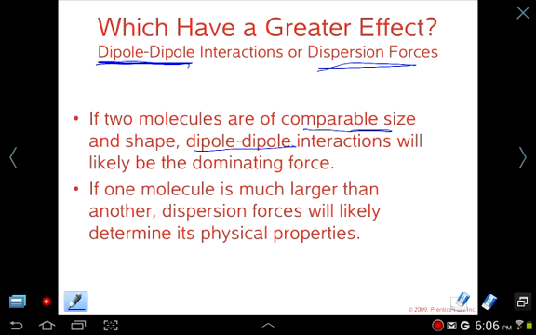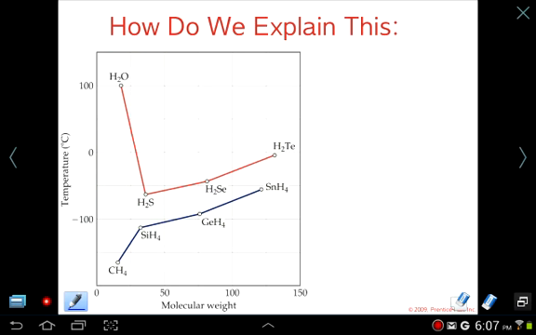If one molecule is much larger than the other, then dispersion forces will likely determine the strength of the bonds and therefore the physical properties. So really, we'll take a look at this in a few examples here, but it's important to keep both of these ideas in consideration.